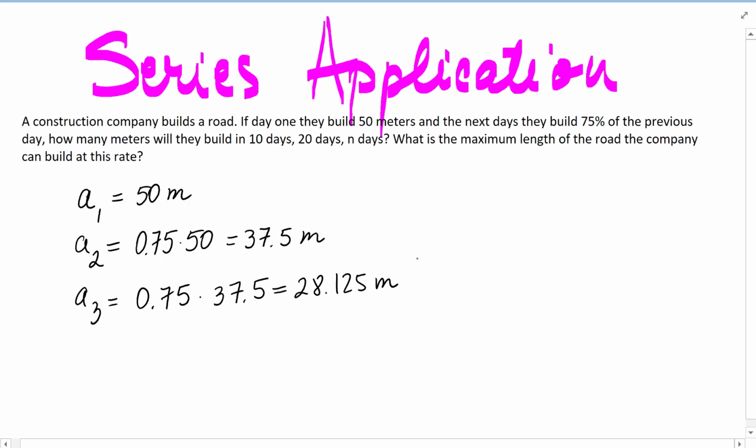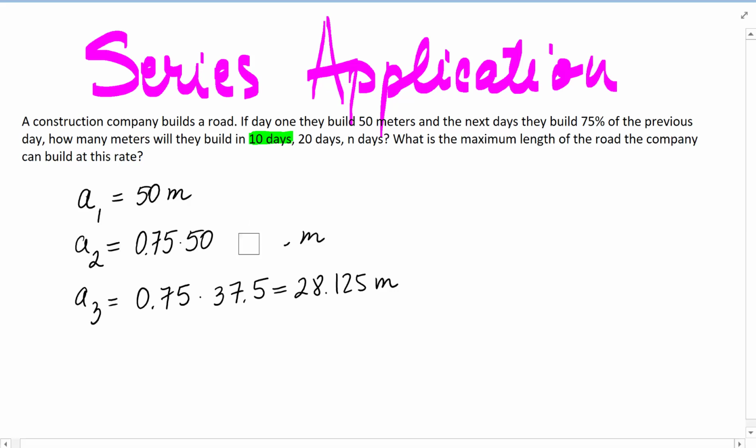But let's think about it. The question is how many meters they will build in 10 days. If we go like this, it's going to take us a long time to find the fourth, the fifth, and so on. And even if they say the 100th day, are we going to do these computations 100 times? Probably not. So let's do this.